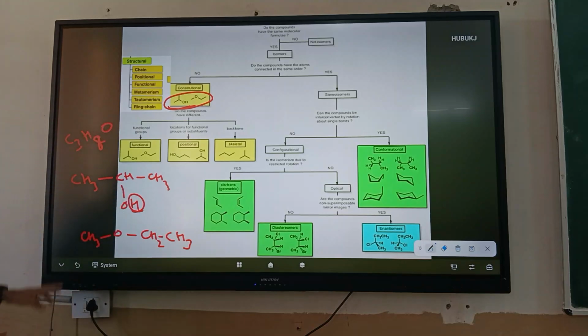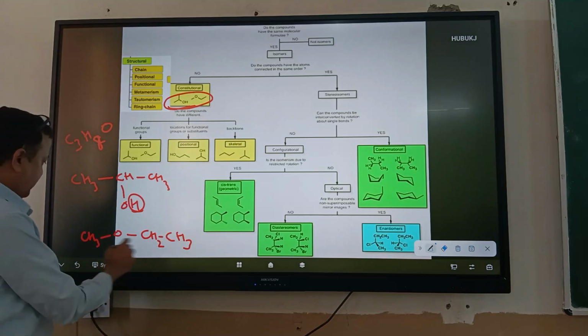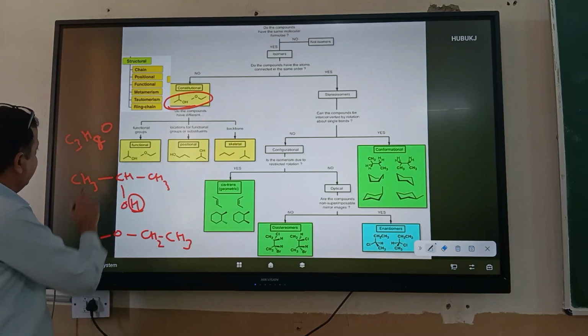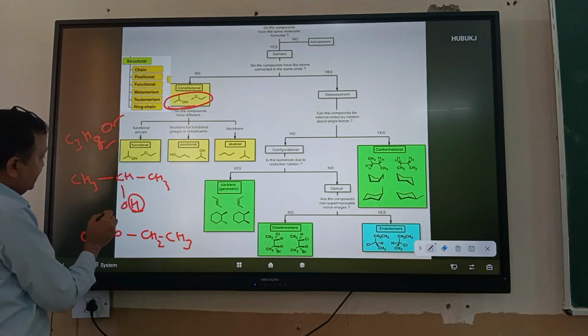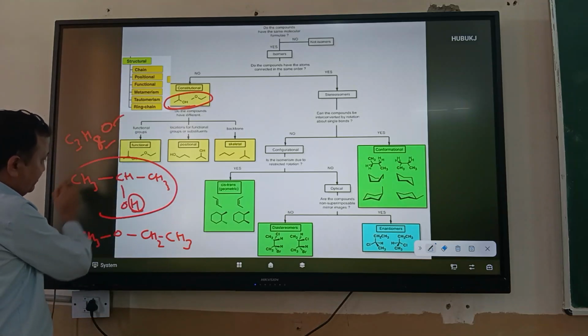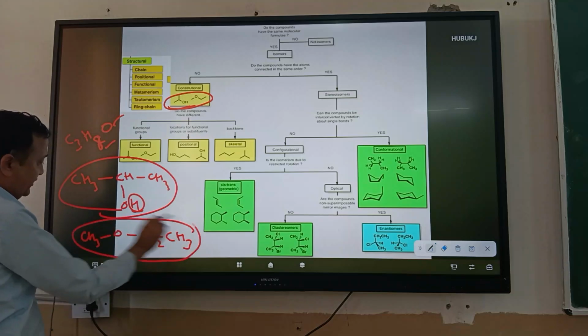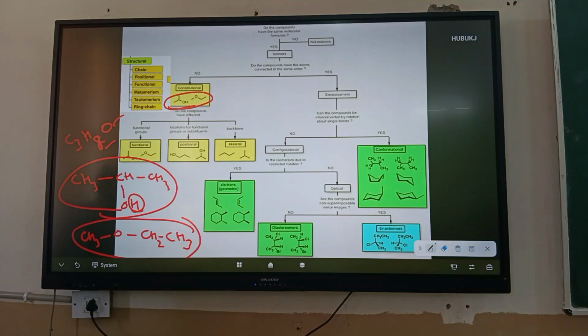In the second case, the carbons are three and the hydrogens are 3, 3, 6 to 8. Hydrogens are eight and one oxygen is there. Here, these are different compounds. Here the functional group is an alcohol group, and here the functional group is an ether. So these are totally different from each other.